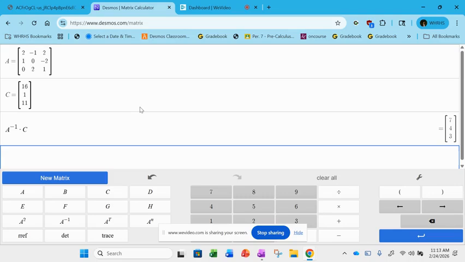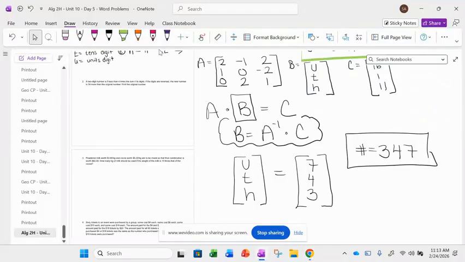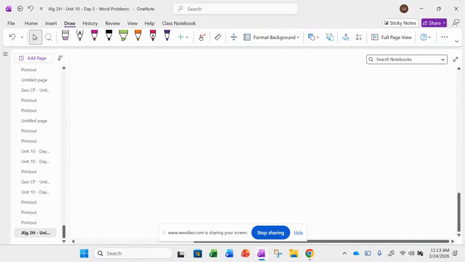Why is it 347? Because our hundreds digit is 3, our tens digit is 4, our units digit is 7. Leo, are you good? Okay, so let's go on to number 2.